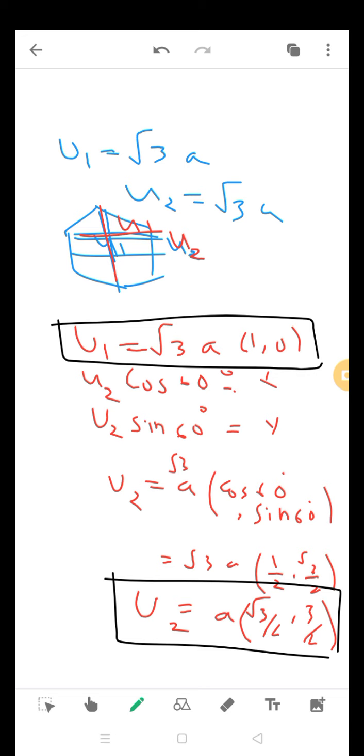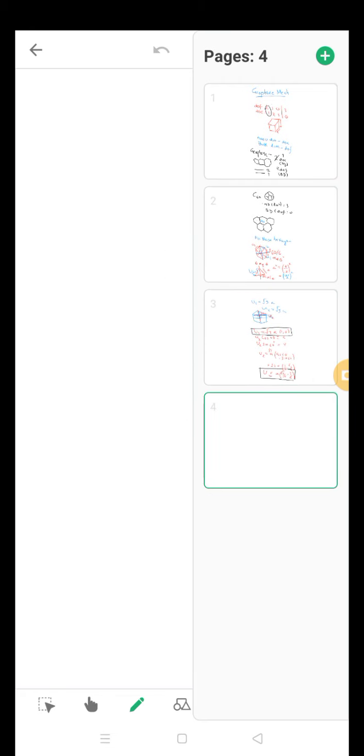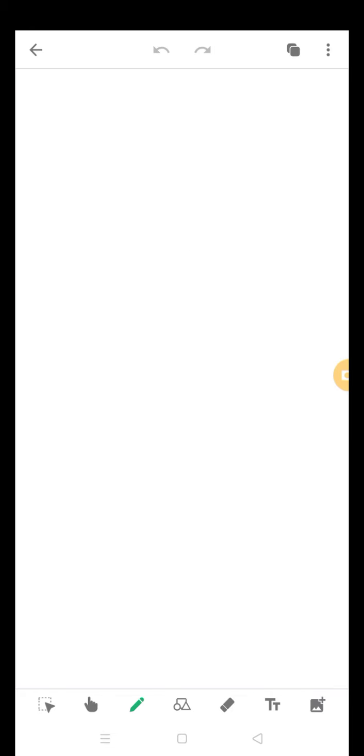Now, as we have seen in our last class, the chiral vector C is actually equal to n into the two basis vectors, n U1 plus m U2.